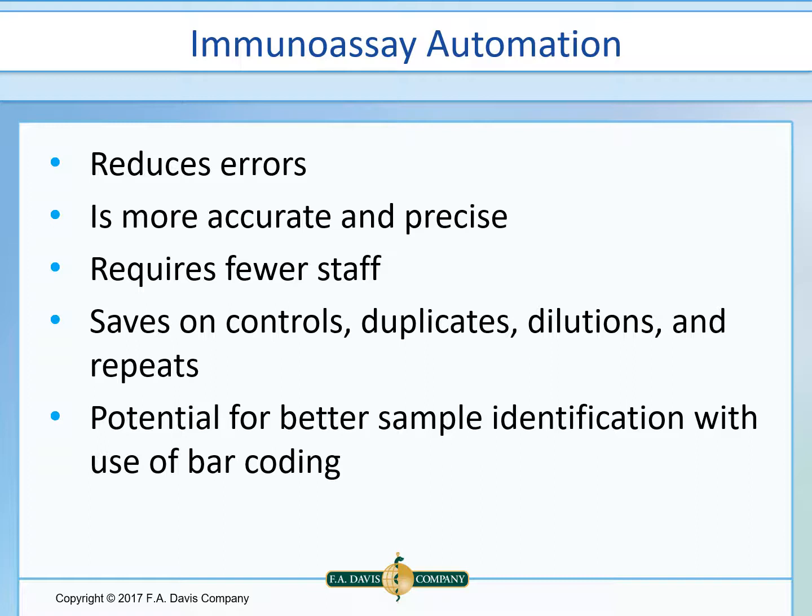This type of instrumentation has been available since the early 1990s. Currently, there are more than 60 different automated immunoassay analyzers, and they're capable of performing almost all common diagnostic immunoassay testing, and they've largely replaced manual testing, especially in larger laboratories.